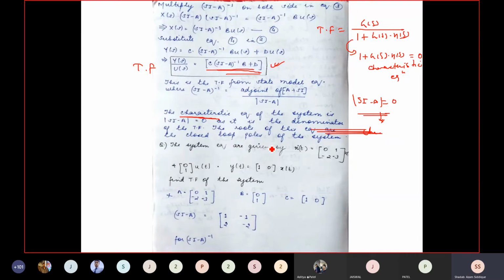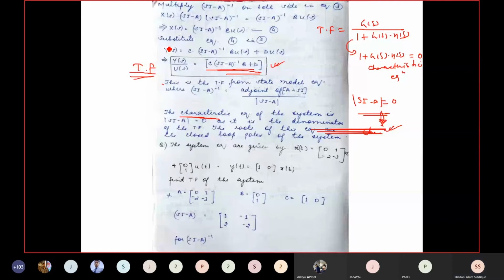Now in the problem, if an nth order differential equation is given and you are asked to find the transfer function of the system using the state model equation method, then indirectly we need to find the state equation and output equation, because that is the requirement in the transfer function.